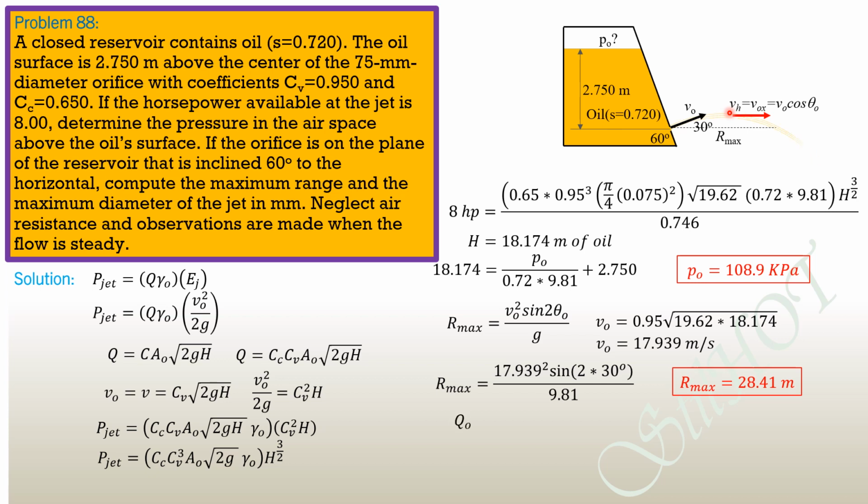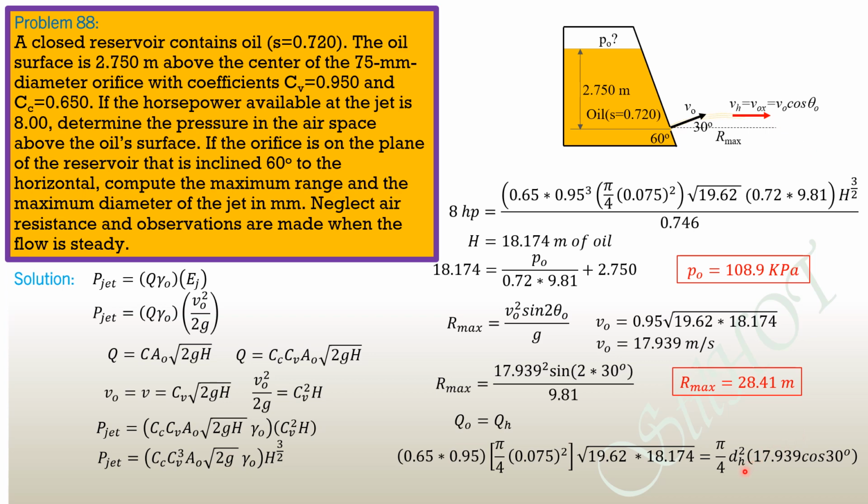Then by the continuity equation, QO equals Q at the highest point, where QO is C A O square root of 2GH, and Q at the highest point is pi over 4 times the diameter of the jet at the highest point squared times the velocity at the highest point. So 0.65, 0.95, area of orifice pi over 4 times 0.075 squared, square root of 2GH, 19.62 times head, equals pi over 4 times diameter of the jet at the highest point squared, times velocity VO cosine of theta O, 17.939 cosine of 30 degrees.